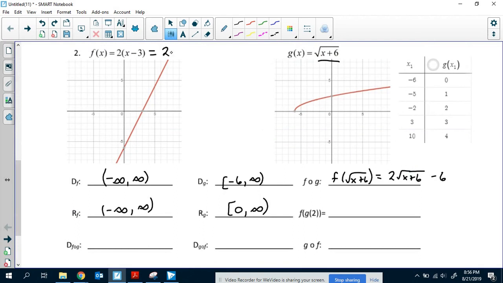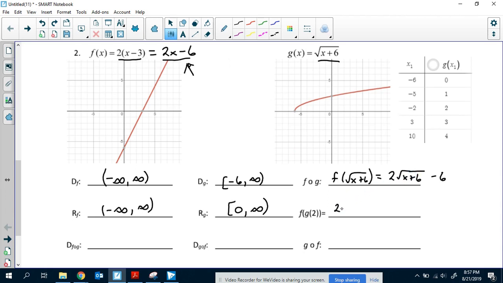And sorry, I forgot, I probably should have shown what I was doing. I'm using a simpler form of f of x by multiplying and using the distributive property, not because point slope form is exceptionally hard, but because in this problem I think this is a little easier. Now, f of g of 2, I'm just going to substitute 2 in here.